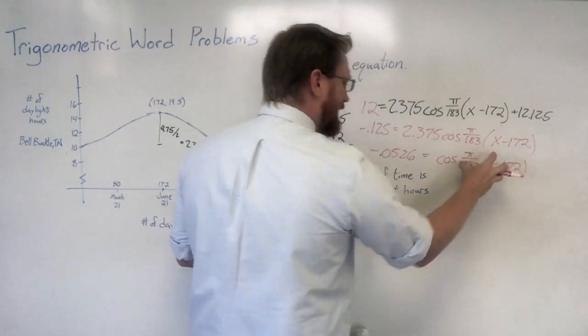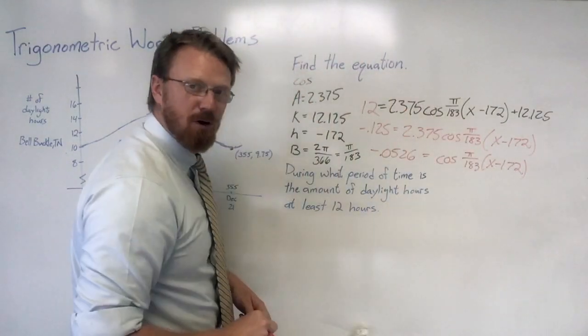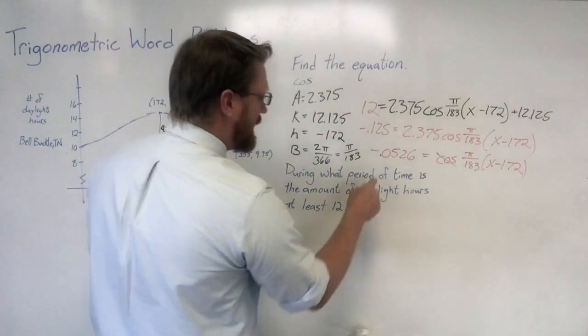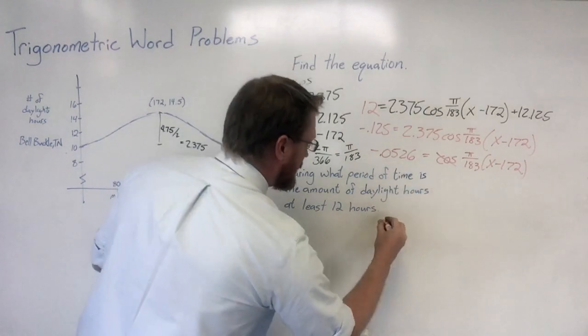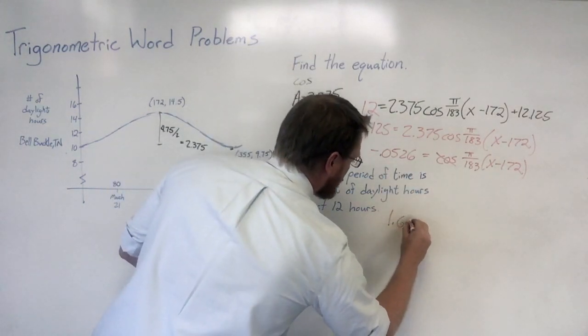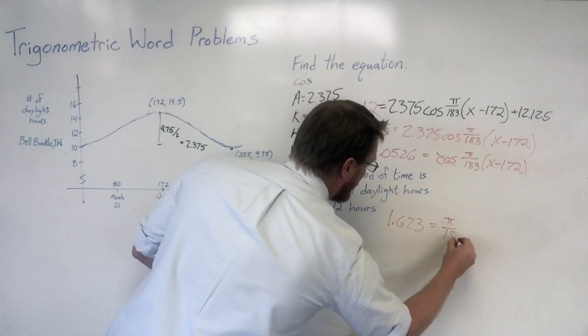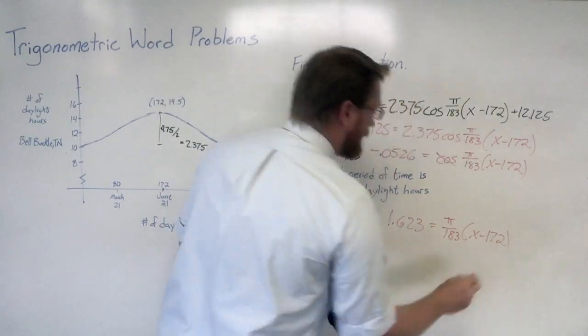So I first need to inverse cosine both sides. Inverse cosine of negative 0.0526 is 1.623, and now I'm inside the cosine function, and I can continue to follow my reverse PEMDAS order.